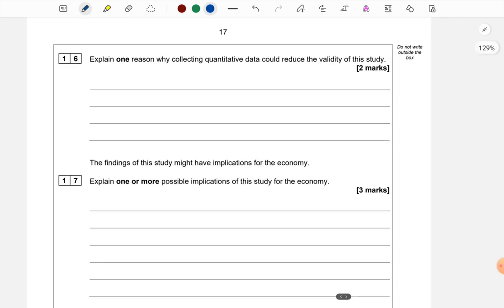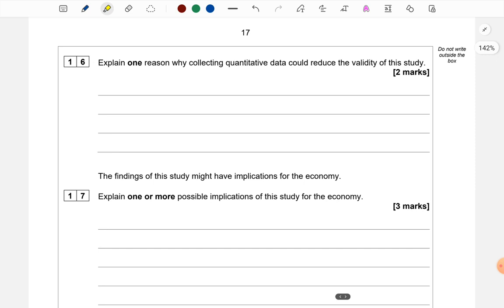For now, I'm coming to the next question, which is explain one reason why collecting quantitative data in this study would reduce validity. When it comes to quantitative, qualitative data and validity, students are only able to think about objectivity. And quantitative data, they never see as reducing validity, but it does because it lacks contextual details. That is very important to mention. It's just for 2 marks. So, first we'll state the reason, contextual details are missing, and then, as always, we will link it to the study by giving examples of which type of contextual details can be important.